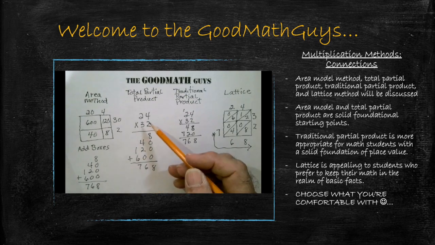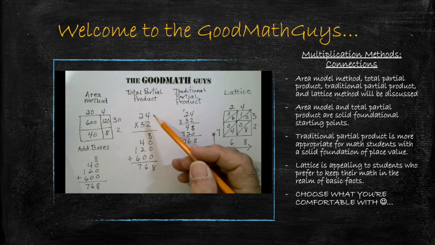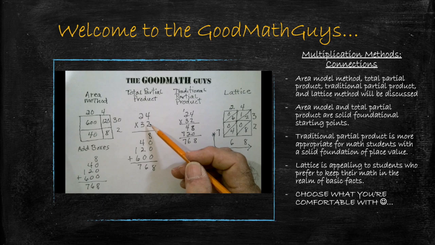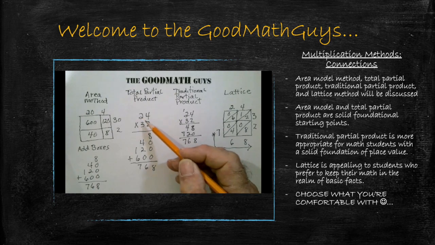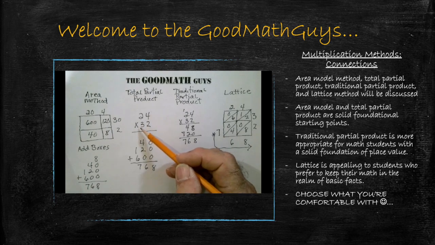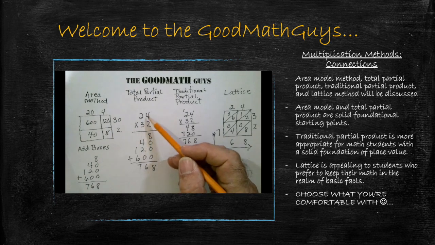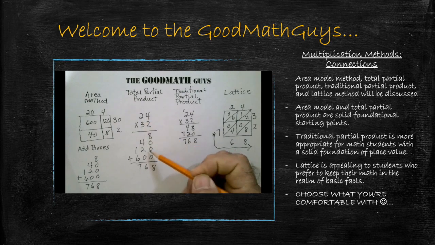Similar to that, where we didn't have to draw the box, was total partial product, where your students or your kids have to know that here we're multiplying ones, and here we're multiplying ones times 10, so that's really a 2 times 20, which is 40. Here we're multiplying 30 times 4, which is really 120, which is what we've gotten right here.